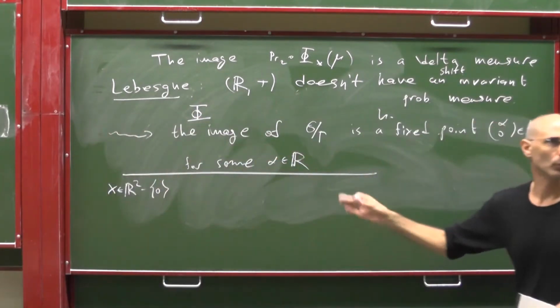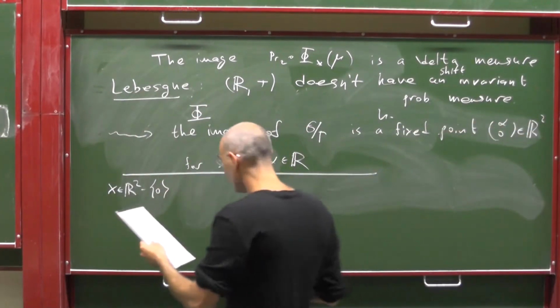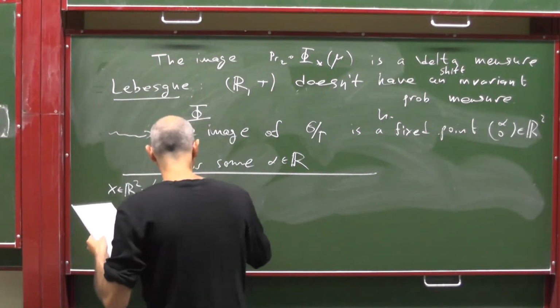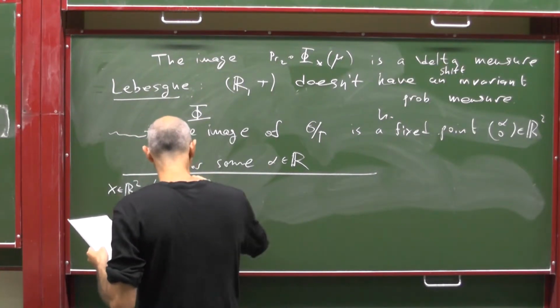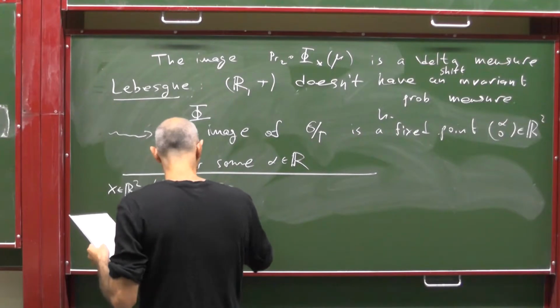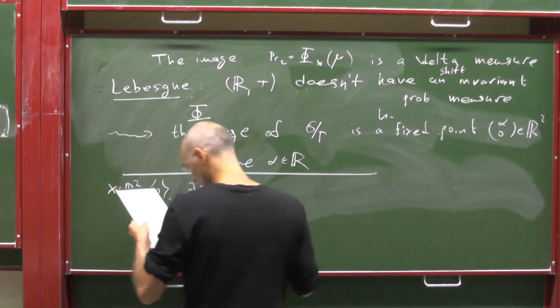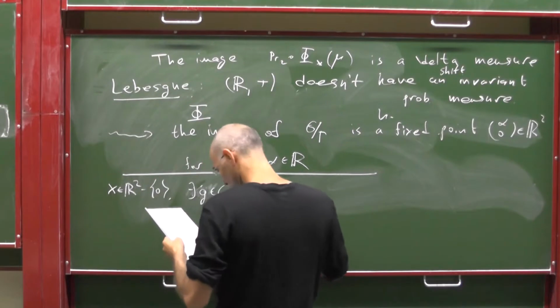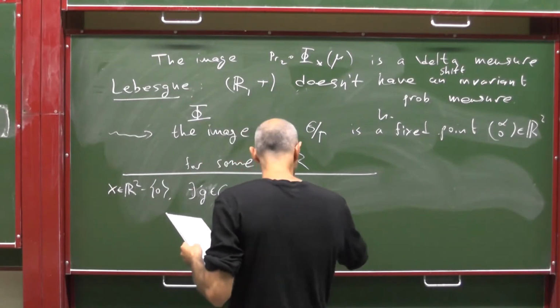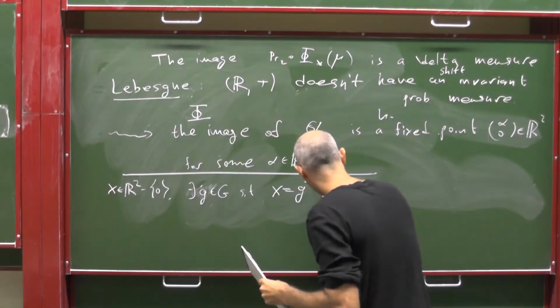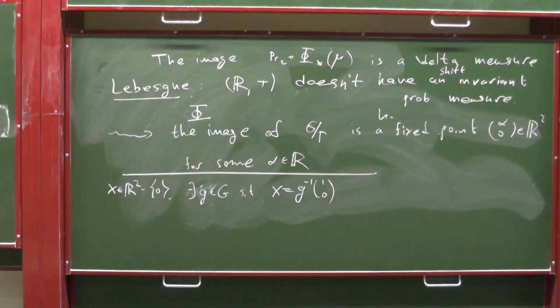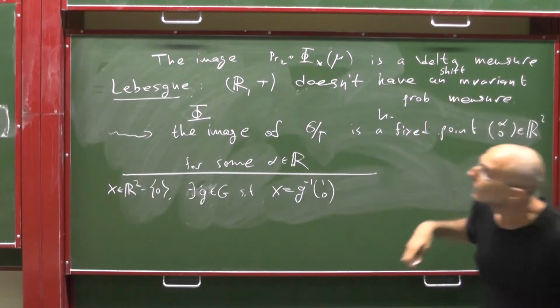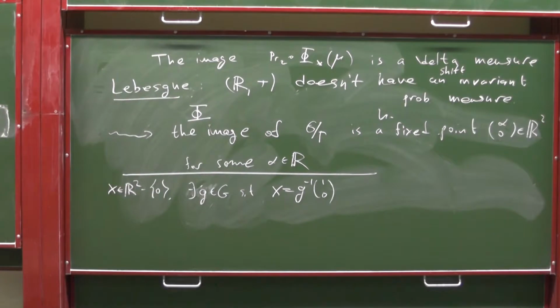I'm thinking of only up to a null set, so it doesn't matter. Of course, I can present x as the image, and I will choose to take the inverse here of (1, 0). And I'm now just collecting, and I need to convince you that this alpha here is that alpha, which appears there implicitly, scalar multiplication by alpha.